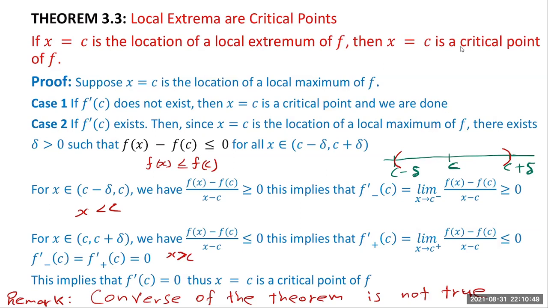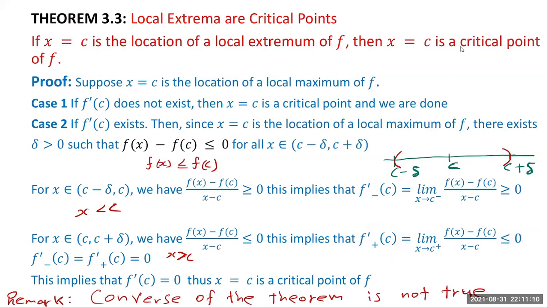Okay. Now, we assume that f prime of c exists, right? That means your left derivative and the right derivative should be equal. But notice that this requires your left derivative to be greater than or equal to 0, and this requires your right derivative to be less than or equal to 0.